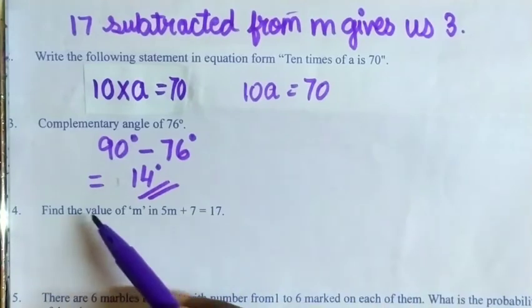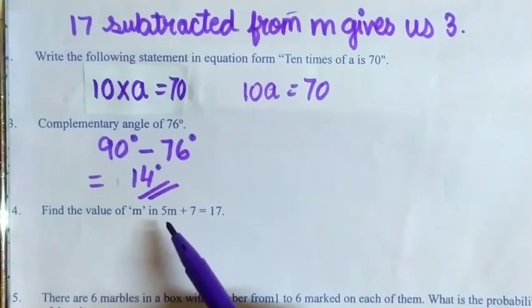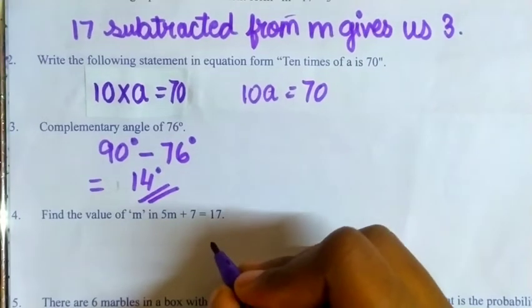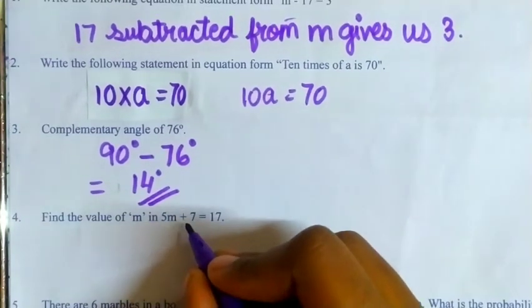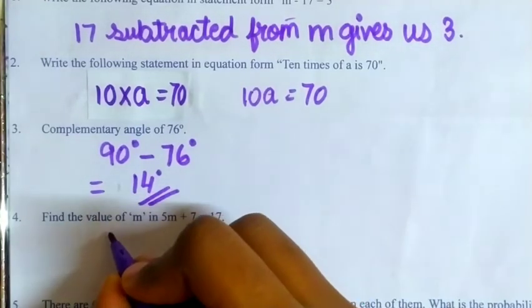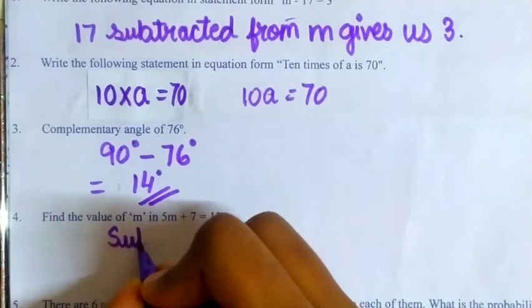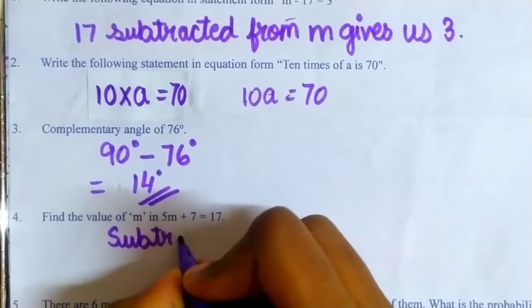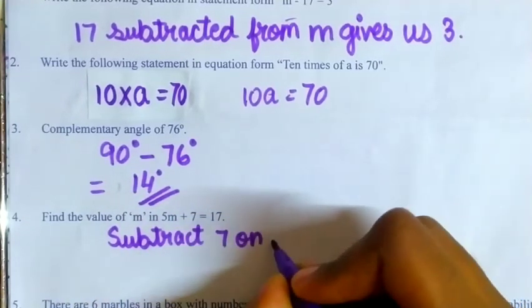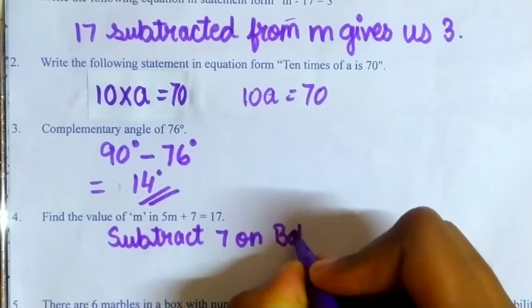That is, find the value of M in 5M plus 7 equal to 17. So first we have to subtract 7 on both sides.